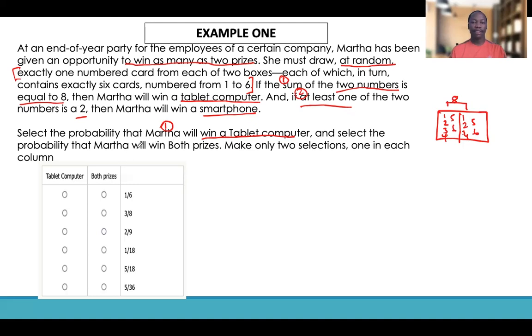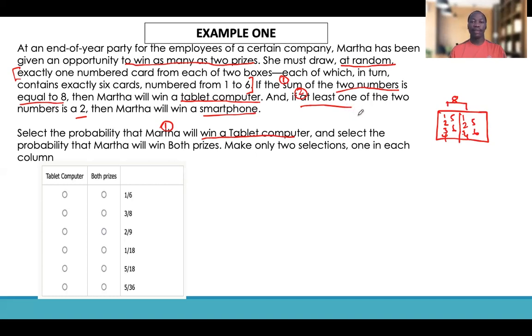And select the probability that Martha will win both prizes. That is, she selects a combination that includes at least one of the two cards being a number 2.